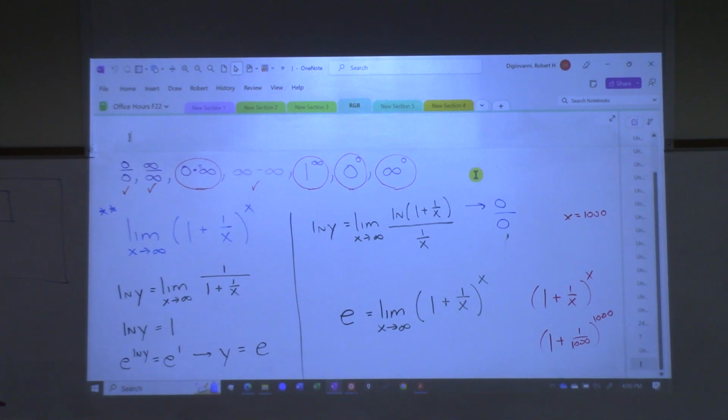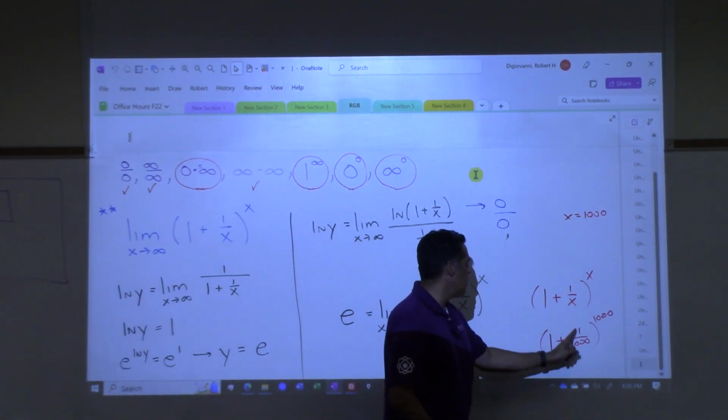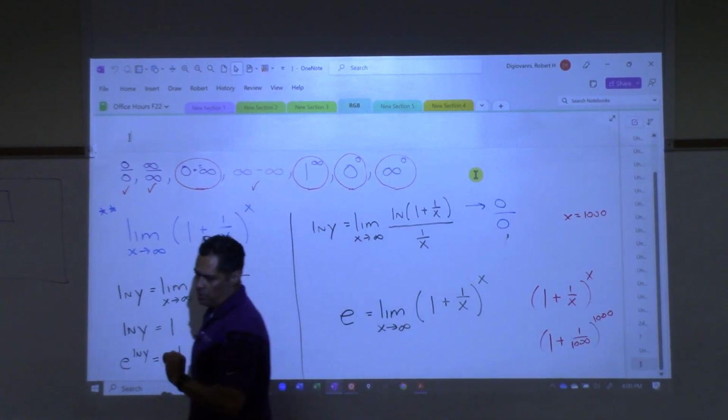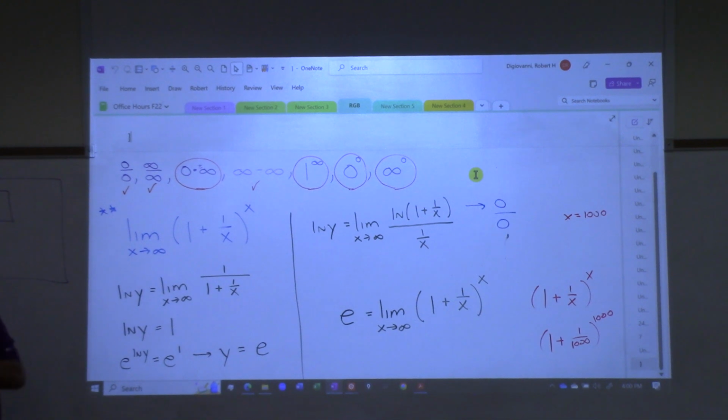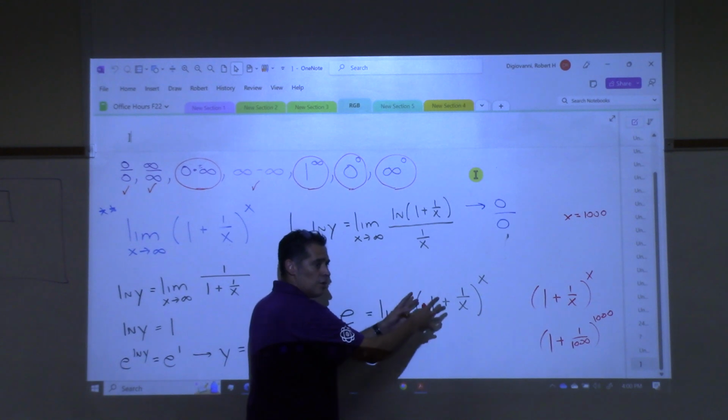And if you're not happy with that, you could go even bigger and plug in like 1,000,000. Raise 1 plus 1 over 1,000,000 to the millionth power and it's even closer to 2.718. The further you go, the closer you get to the true number e. If you could actually let x get infinitely large, then this thing converges to e.